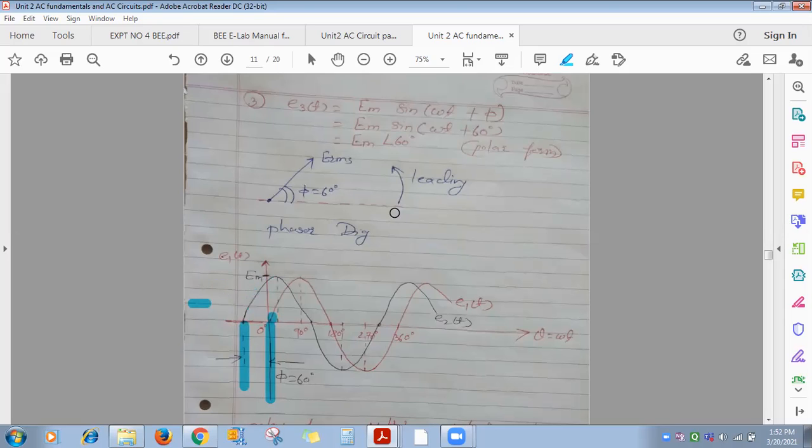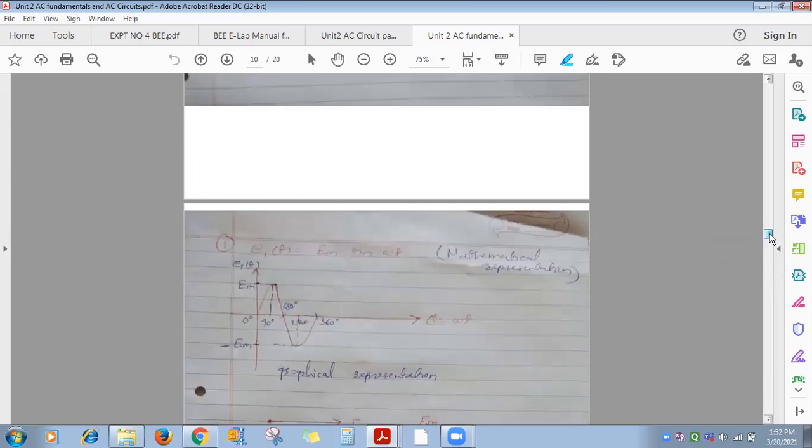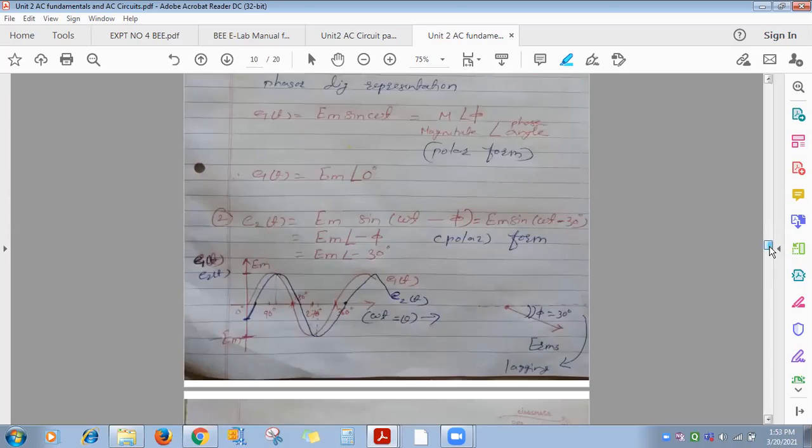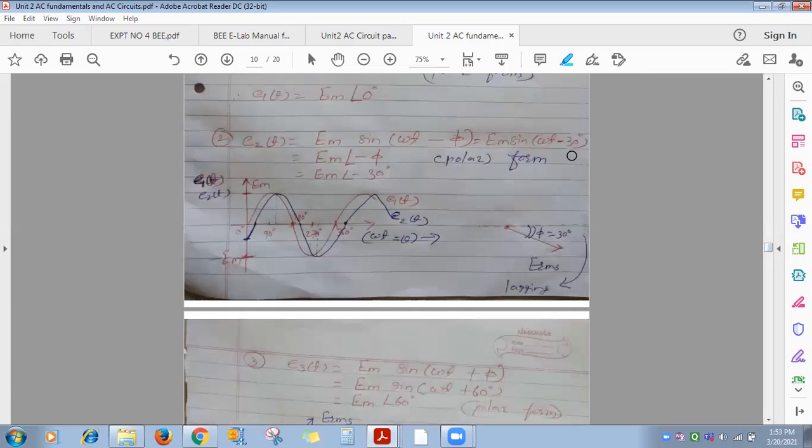So here plus phi is there. Plus phi means what? At origin, this waveform will have some positive value. Okay, so you can observe here. Is this clear to all of you? The first waveform, Em sin of omega t, has 0 value at origin. The second waveform, Em sin of omega t minus 30 degree, means a negative value: at origin it will have some negative value.